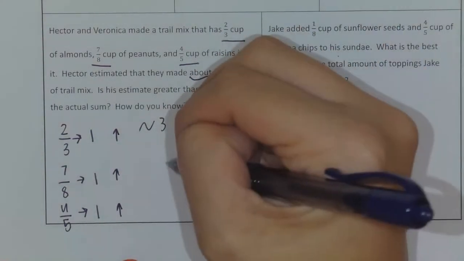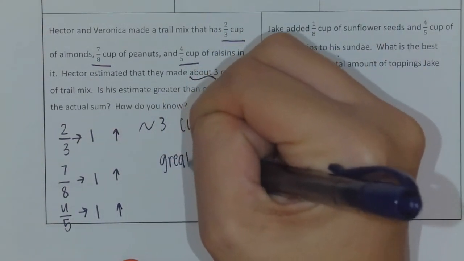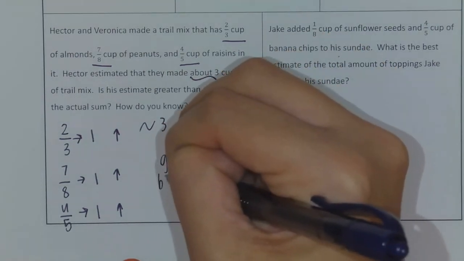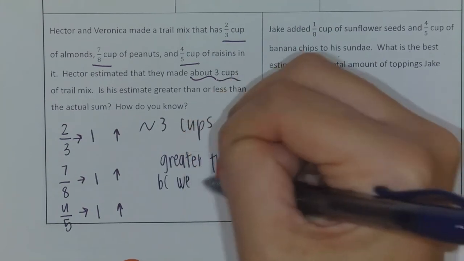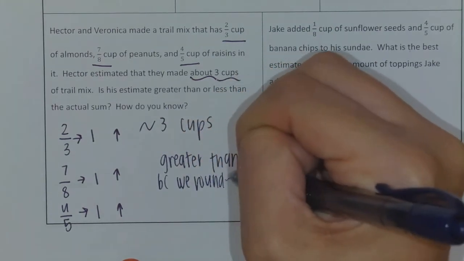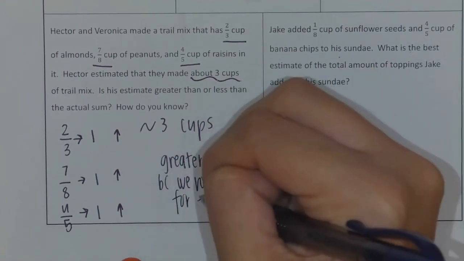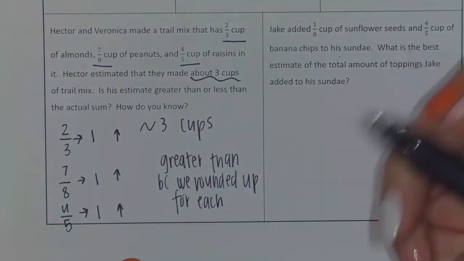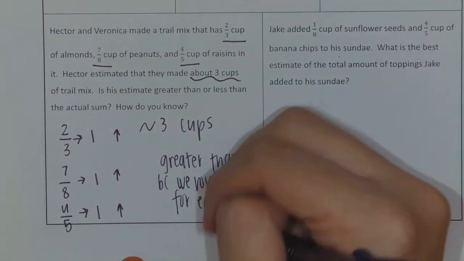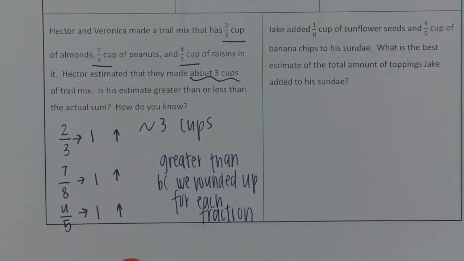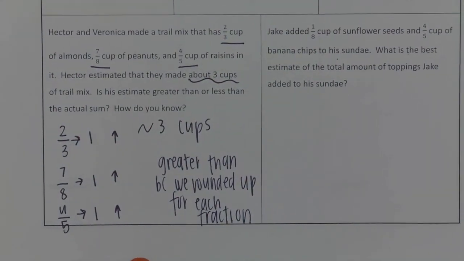That means his estimate is going to be greater than the actual amount, because we rounded up on every single fraction. We call that overestimating. He's giving us an over amount, but 3 will still be pretty close. The actual sum will be a little under 3 cups.